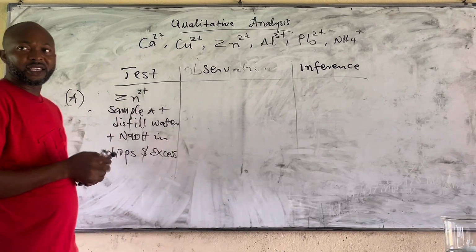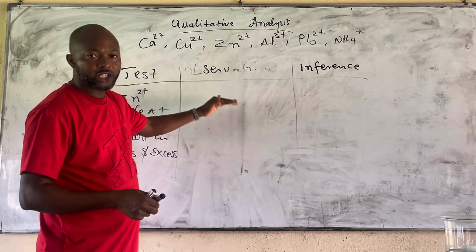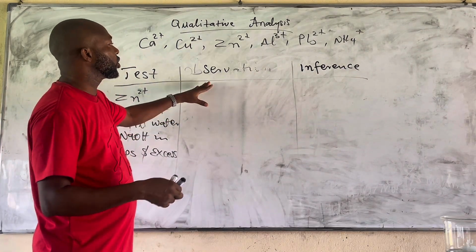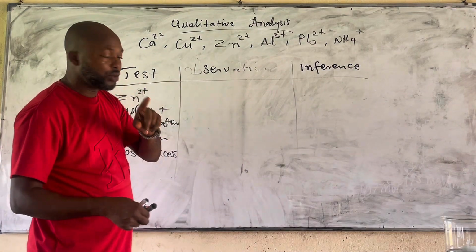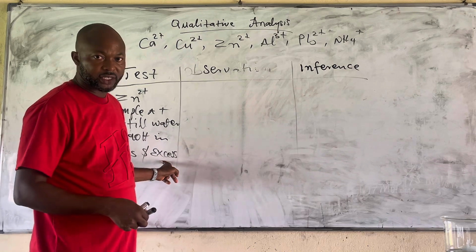Now, if it is zinc, we're going to get the observation: a white gelatinous precipitate, which is insoluble in drops but soluble in excess sodium hydroxide.